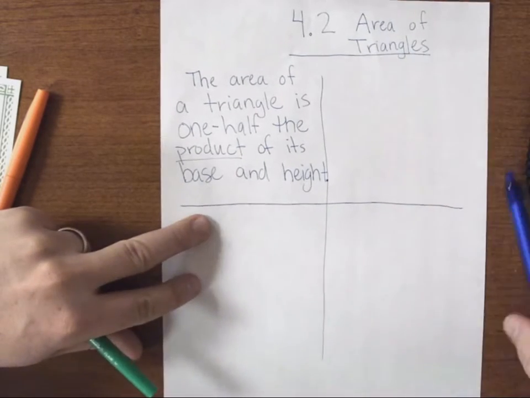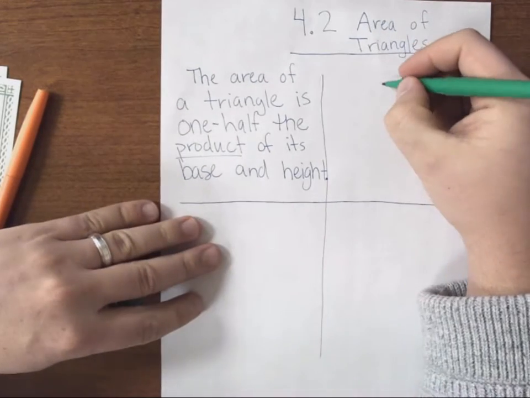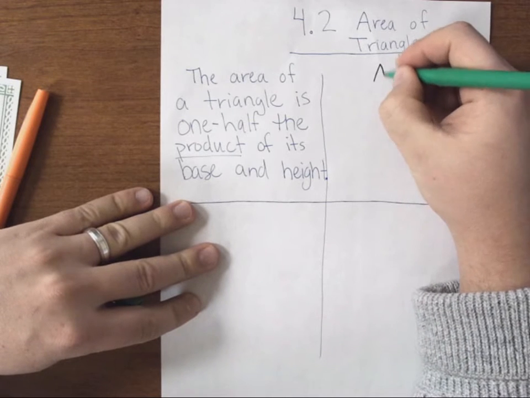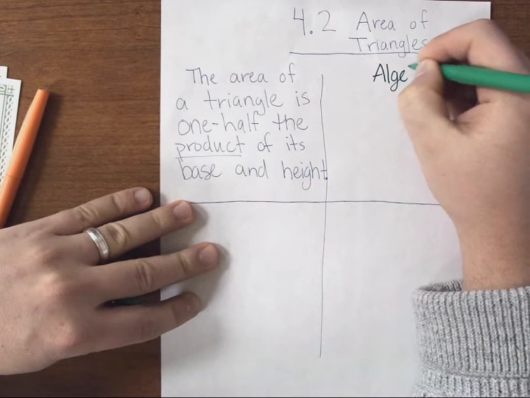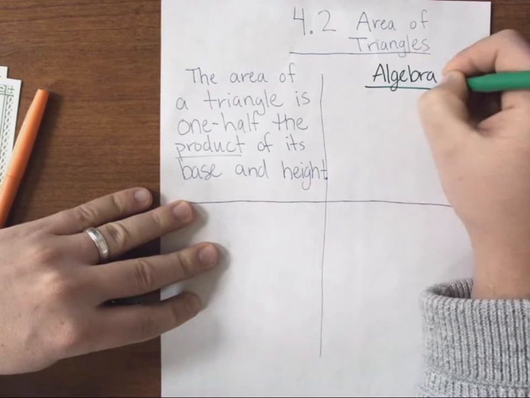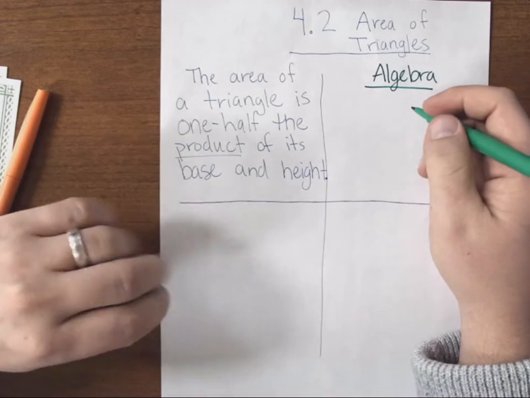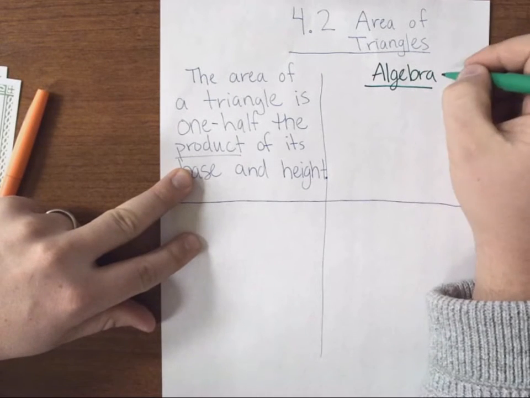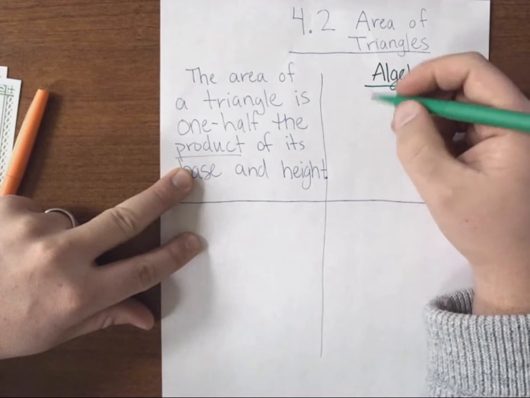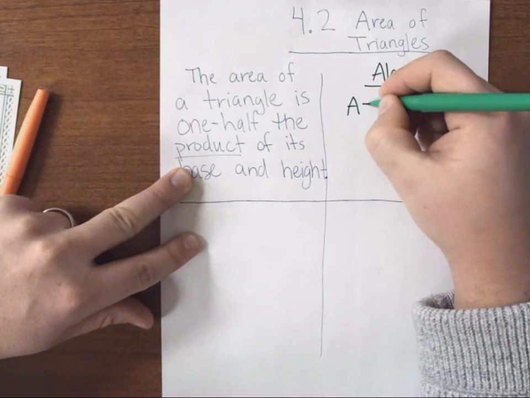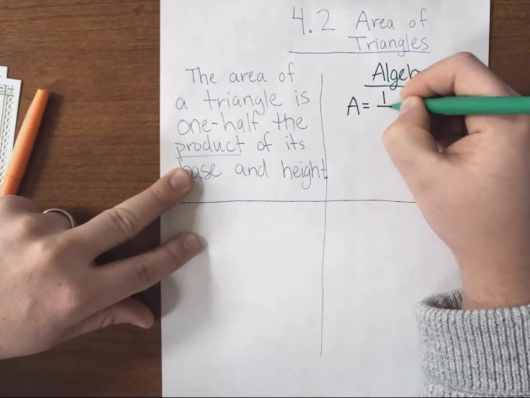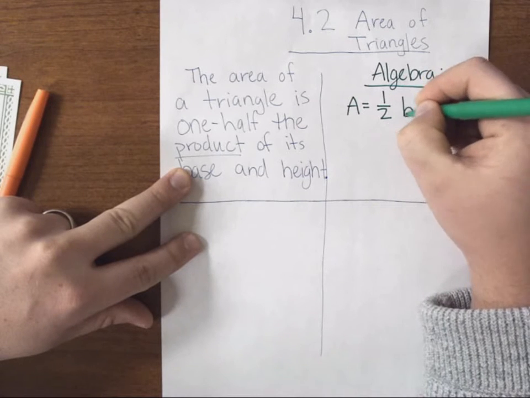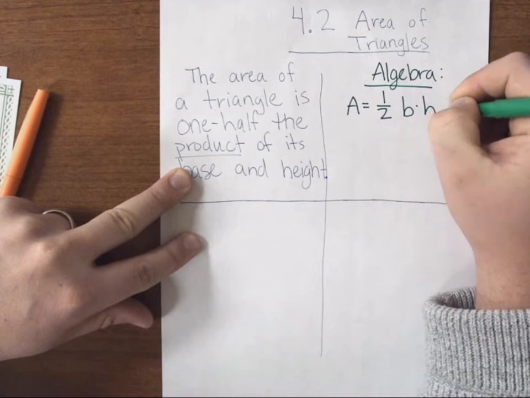So on the right side of my notes, I'm going to put the algebra, or in other words, the formula. Okay, my formula for the area of a triangle is A equals 1/2 base times height.